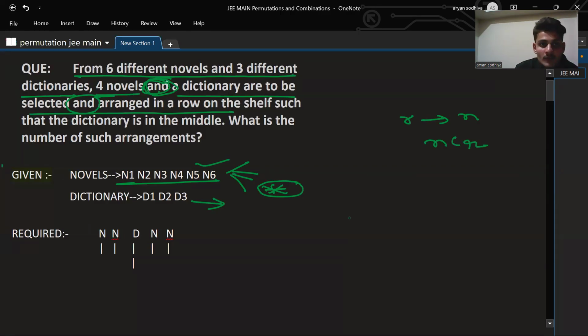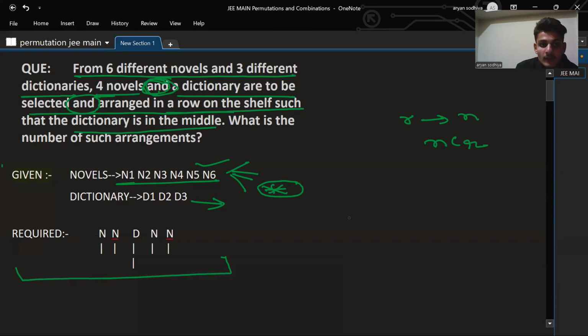nCr. But if you see the question ahead, they are arranged in a row on the shelf, such that the dictionary is in the middle. So this type of thing is required here.